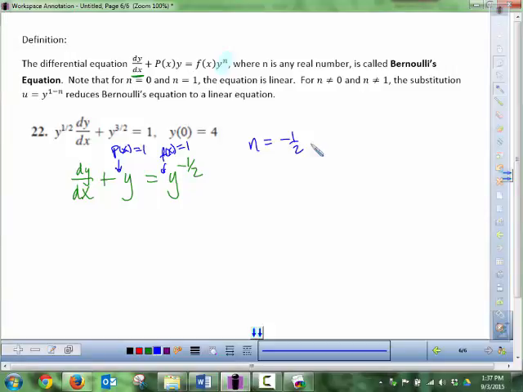Okay? So if that's your n, your substitution will be u. U is equal to y to the 1 minus n, negative 1/2. So that's y to the 3/2, right? Okay?